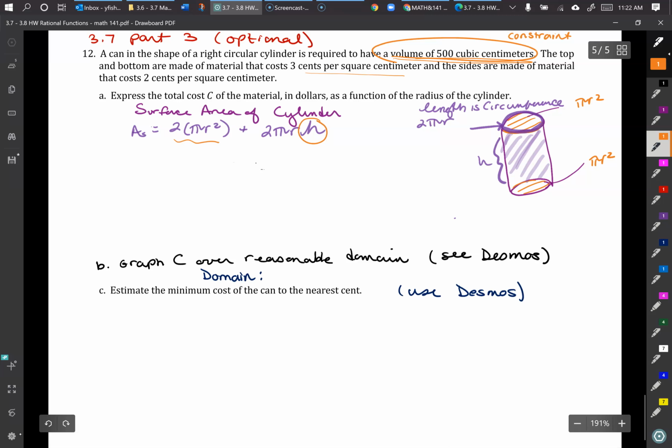So we'll have to factor that into our cost function eventually, but let's just lay out what the surface area would look like. And then the sides are made of material that costs 2 cents per square centimeter. So the side, it's a cylinder, but we're just looking at the surface area.